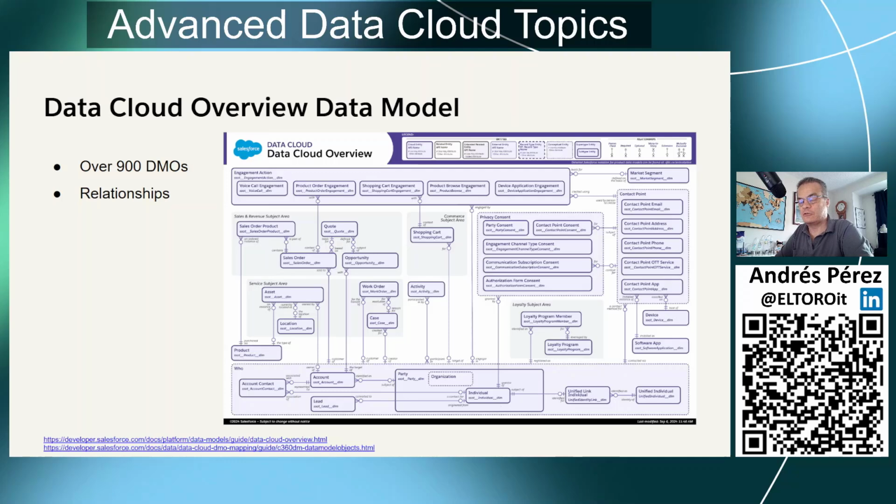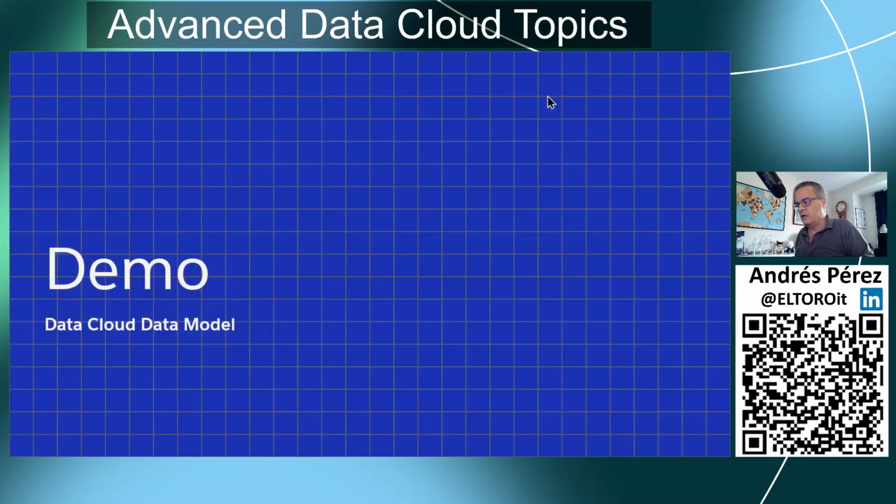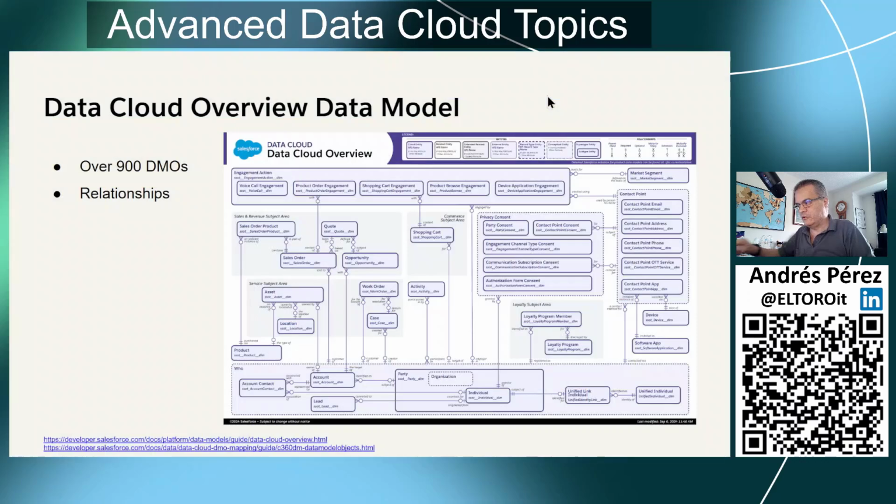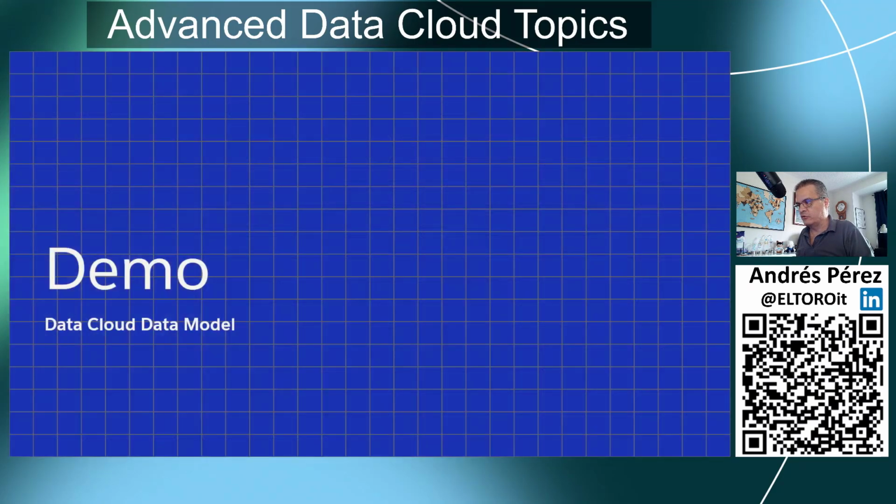But there are over 900 as of today, Saturday, July 5th, 6 p.m. They have different fields and some relationships. Let's go into a quick demo. Actually, before I do that, you see those links on the bottom of the slide? I'm going to go to those links in the demo.